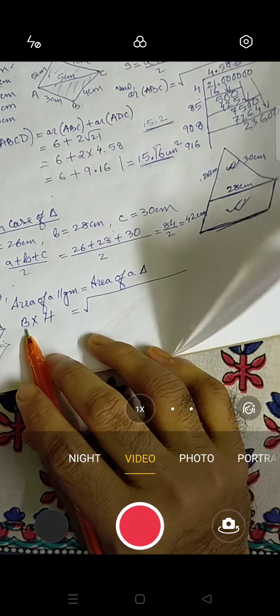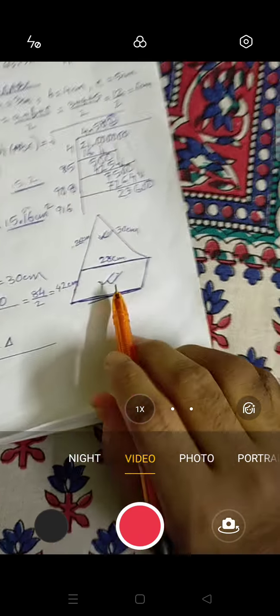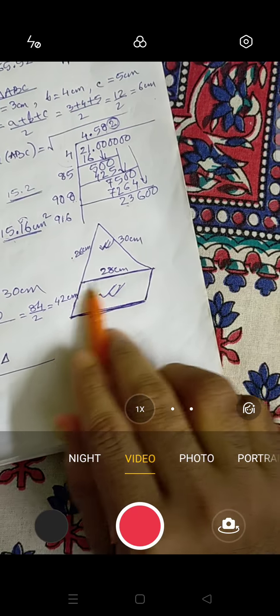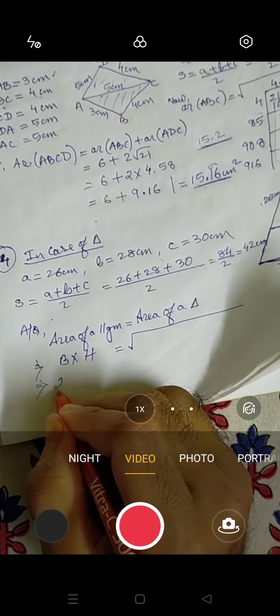So this B and H are the base and height of the parallelogram. In the parallelogram, this is the base, which means we know the base. Base is 28, so we'll write 28.